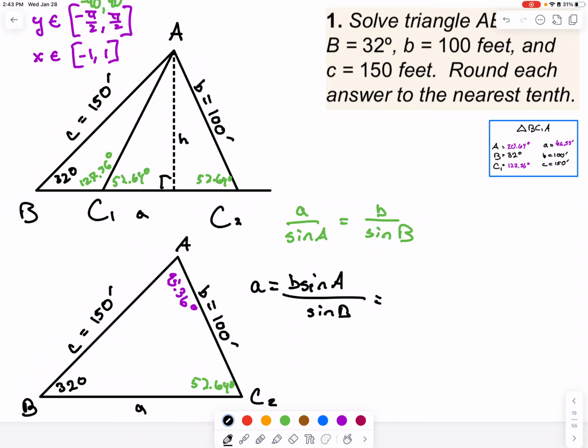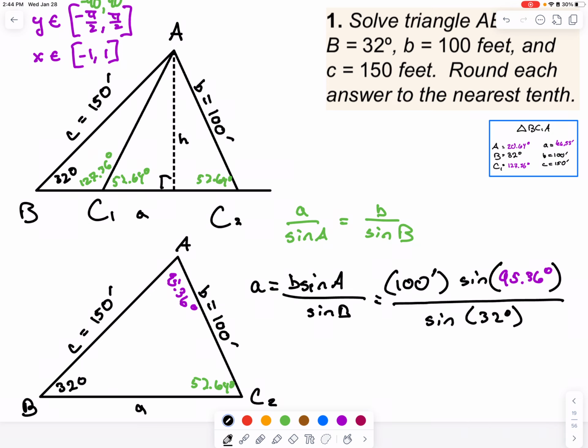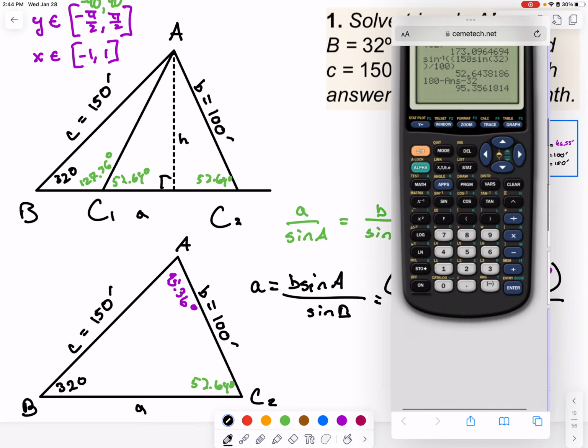So B was given at 100 feet. Angle A, so that's going to be the sine of 95.36 degrees, and then divided by the sine of angle B, which is 32 degrees. Okay, so that 95.36, we still got that one saved?